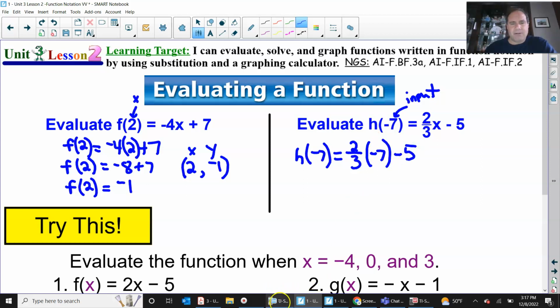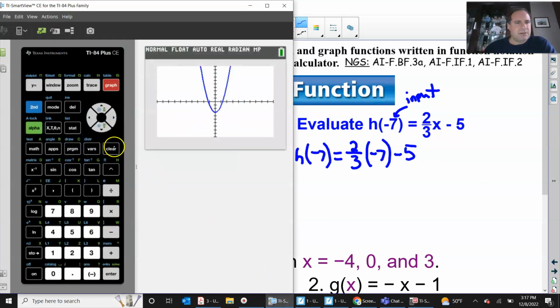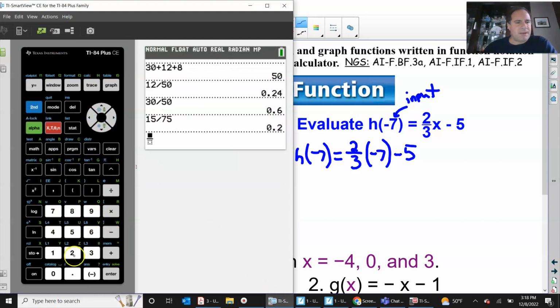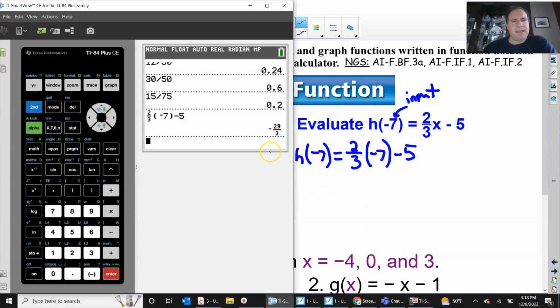Now I'm going to grab my calculator because I don't want to do this by hand. I'm going to press alpha x, and we're going to have 2 over 3, and in parentheses negative 7 minus 5, exactly the way I see it here. I press enter, and that is negative 29 over 3.